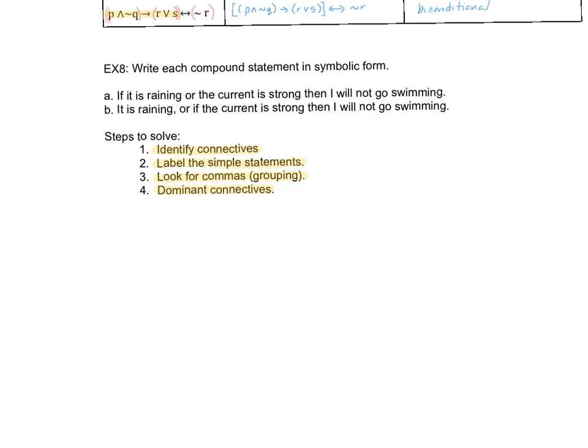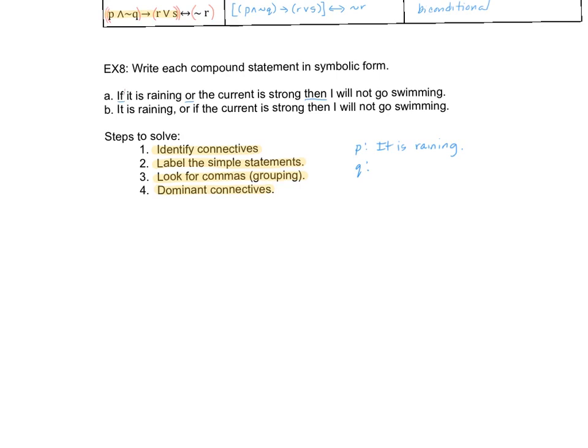For example, in A, it says, if it is raining or the current is strong, then I will not go swimming. So I see an if, I see a then, I see an or. So if I look on either side of all those connectives, I have it is raining. I'm going to call that P. It is raining. And then Q. Okay, there's no commas in here.